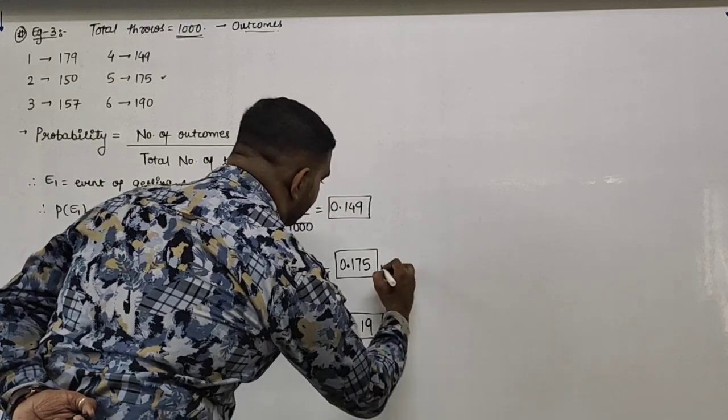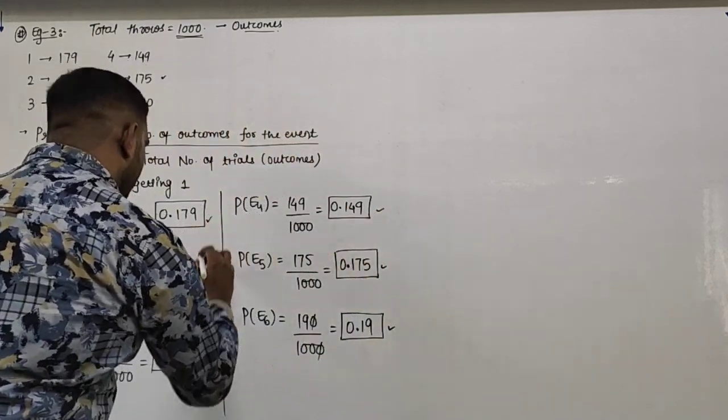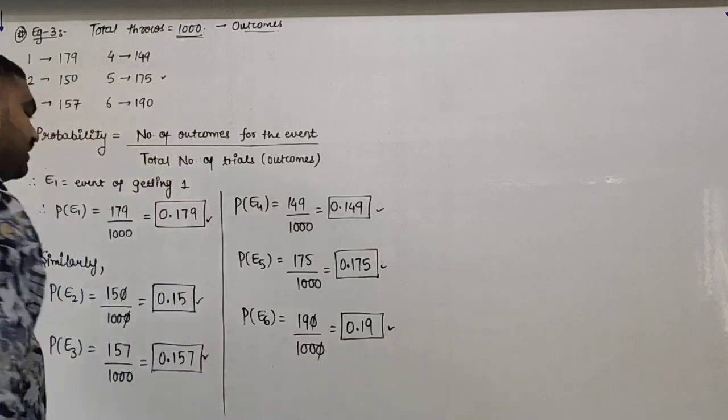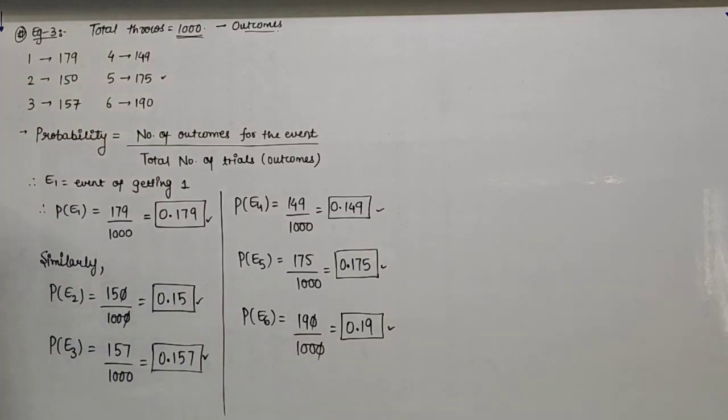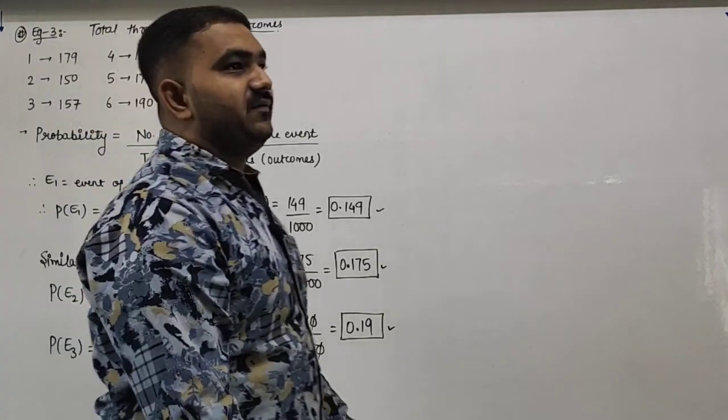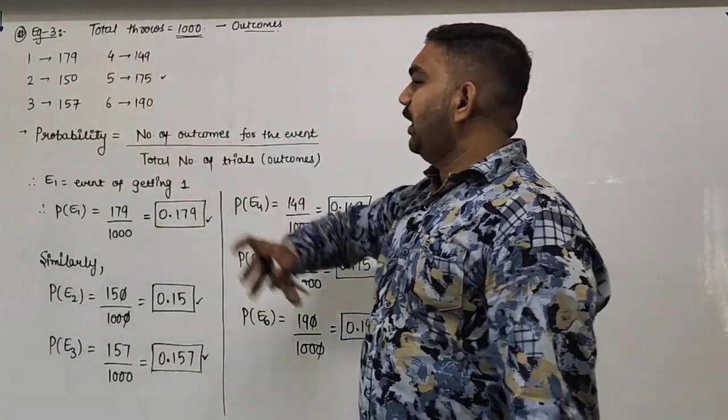So these are all the boxed ones, which I have written in the box. What are they? The probability of getting each of the numbers on the top face as per the given outcomes.